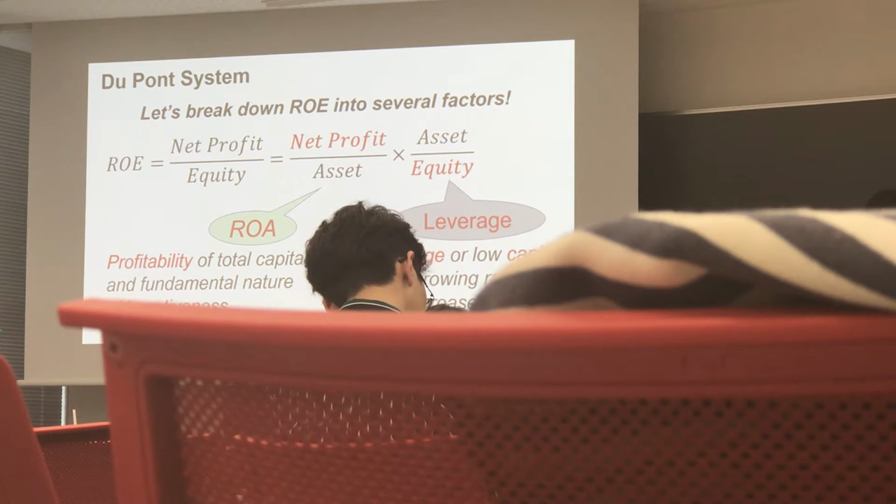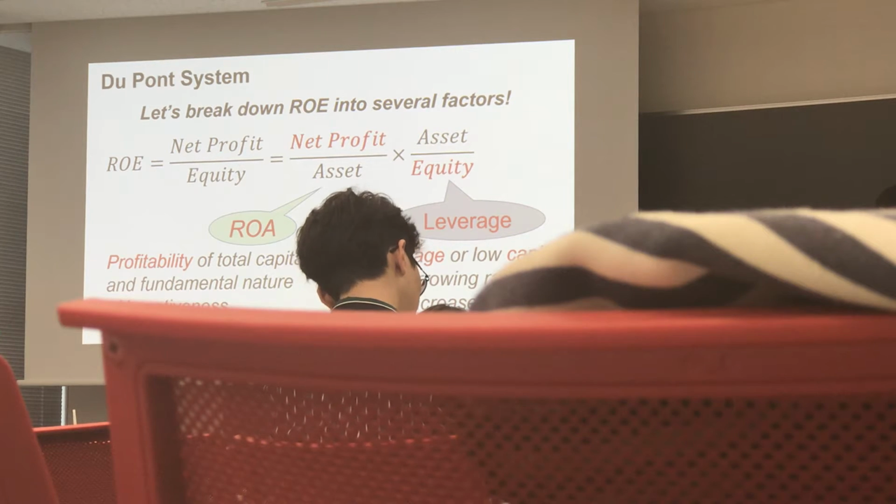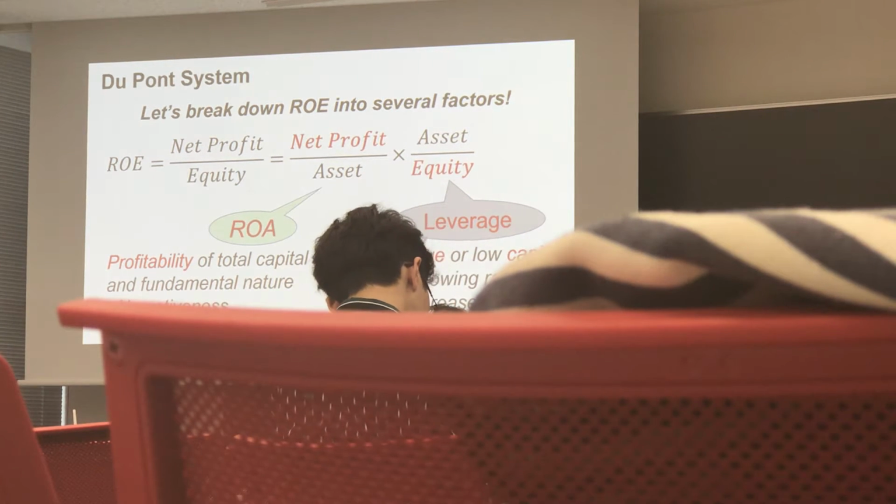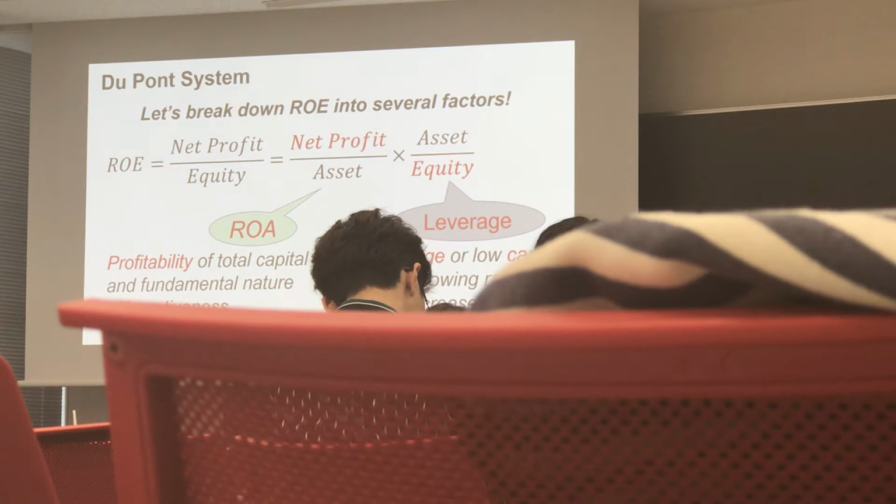The DuPont system is a method to analyze several factors composing ROE by breaking it down. ROE equals net profit over equity, which equals net profit over assets times assets over equity. So net profit over assets and assets over equity.